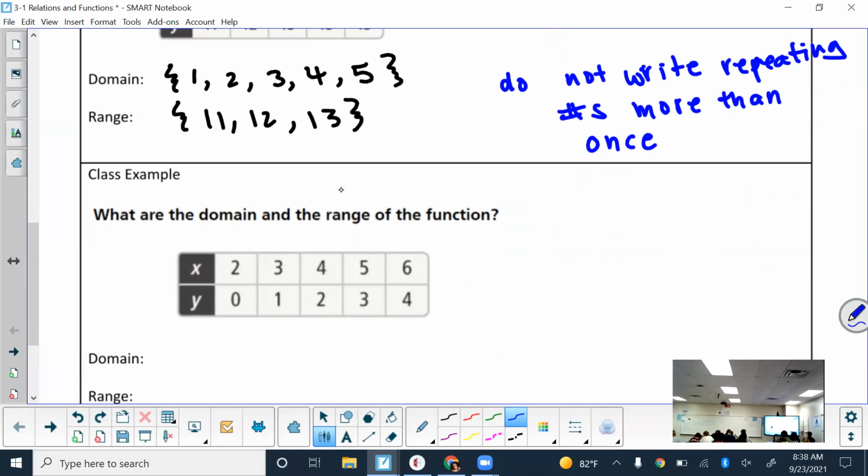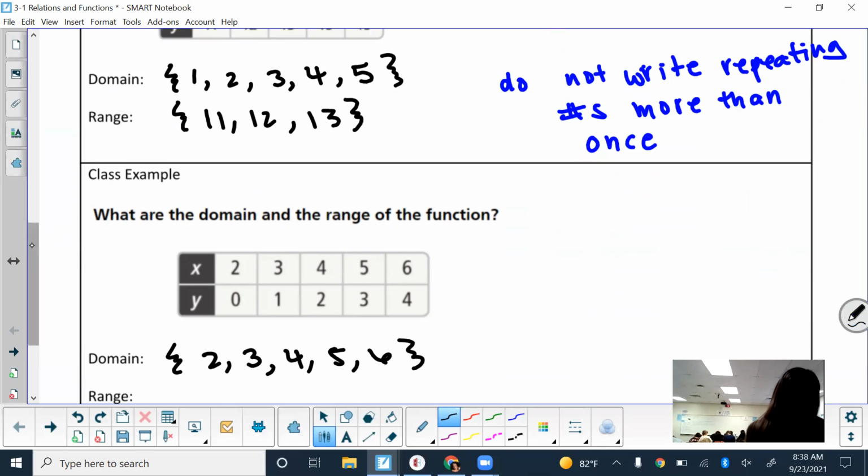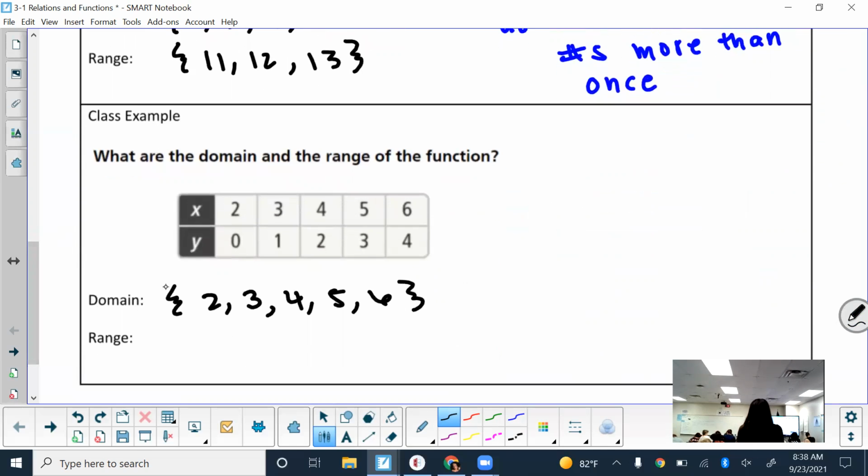All right, so then scrolling down. What would be the domain of this function? 2, 3, 4, 5, 6. Good. So again, write your little list with your fancy brackets. And then the range would be 0, 1, 2, 3, and 4.